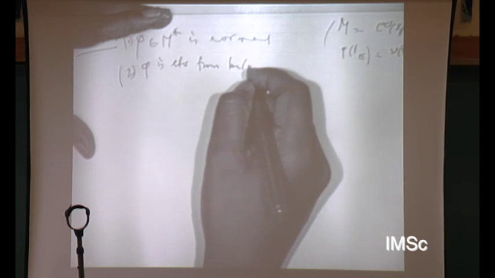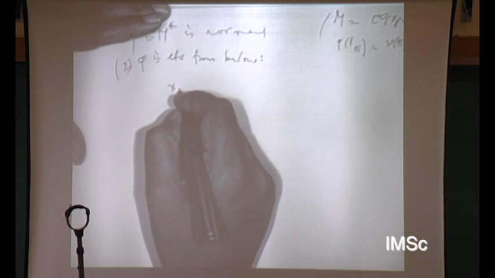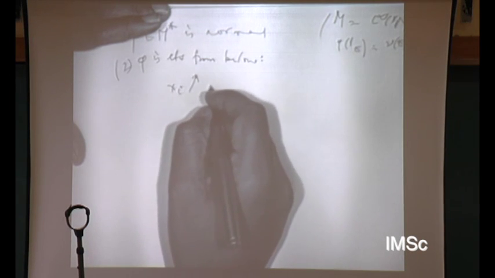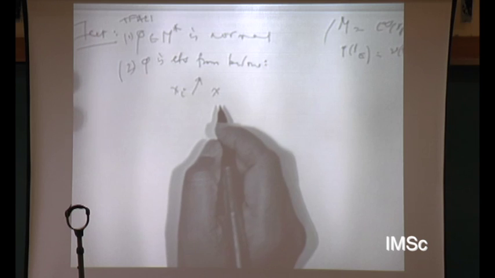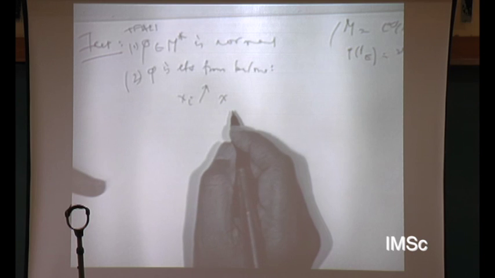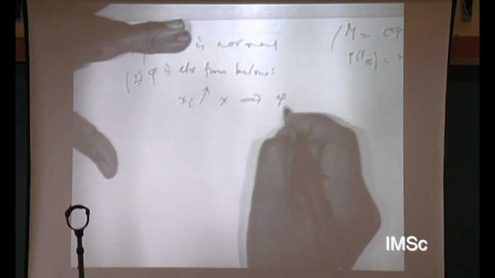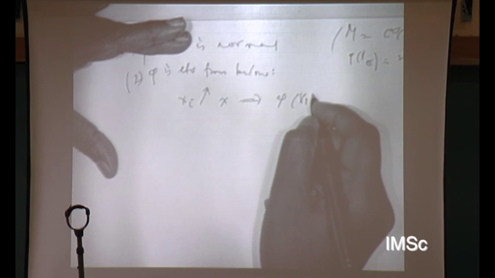What does that mean? If xi increases to x, that means if xi is a monotone increasing net in M whose supremum is x, that implies that phi of xi converges to phi of x also.